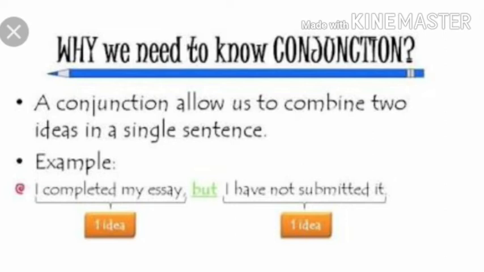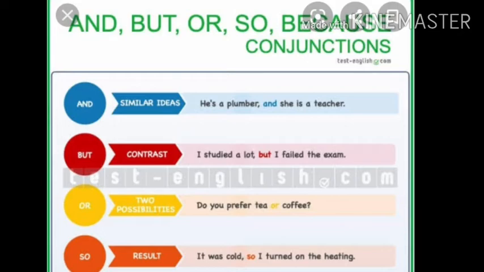These are two ideas, and they are combined into a single sentence by using the word but. Now read the example: I completed my essay, but I have not submitted it. So a conjunction is used to combine two ideas in a single sentence, right?